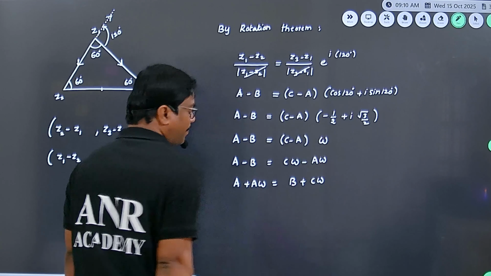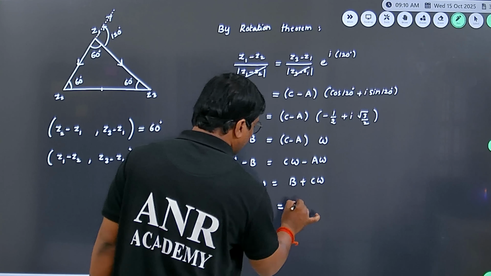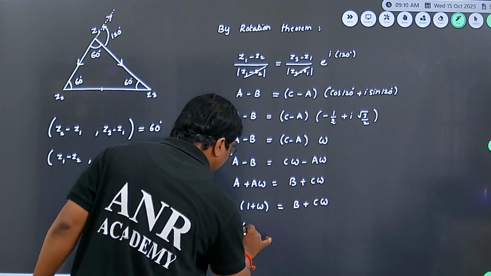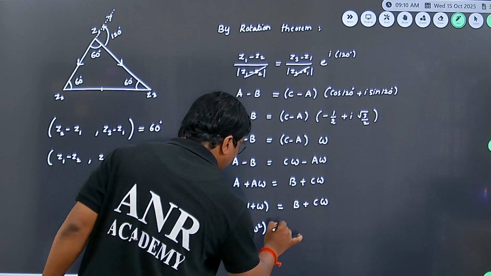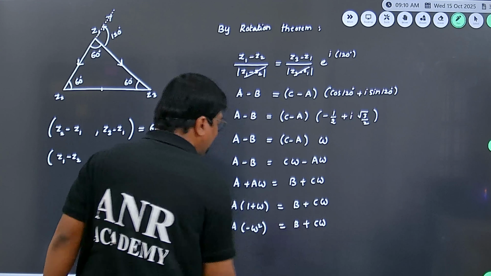If you take A common, you will get 1 plus omega inside, and here it is B plus C omega. 1 plus omega is written as minus omega square. Why? Because 1 plus omega plus omega square equals 0. So I can write here A into minus omega square equals B plus C omega.